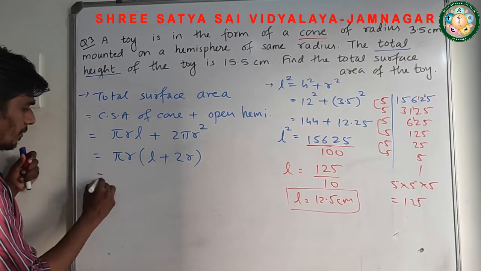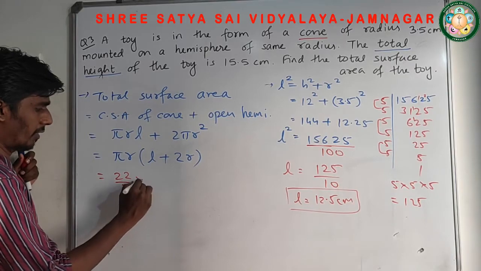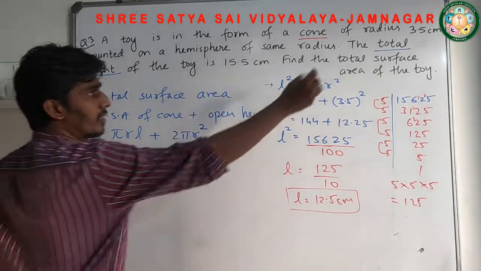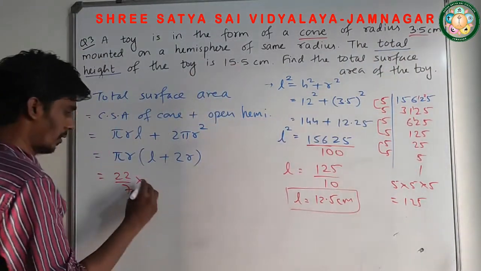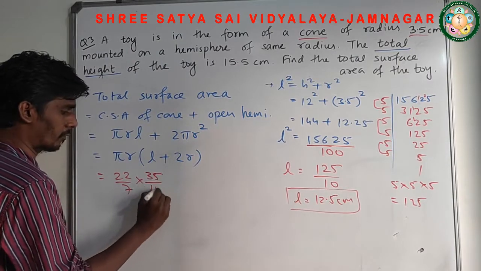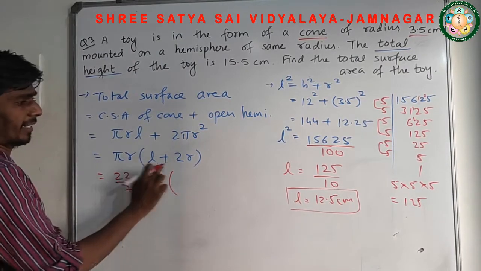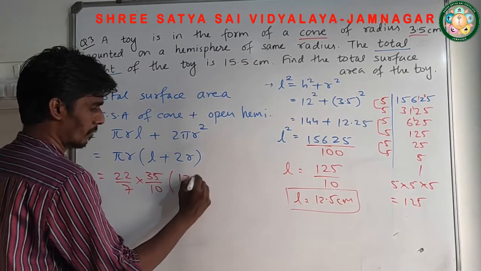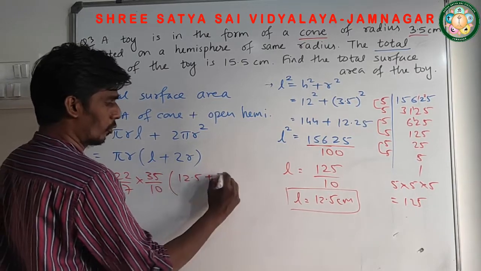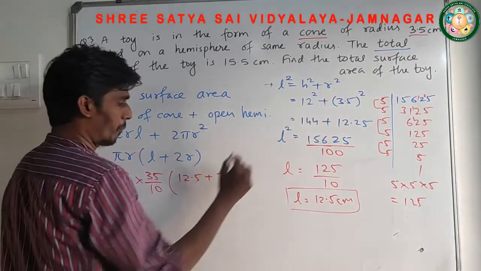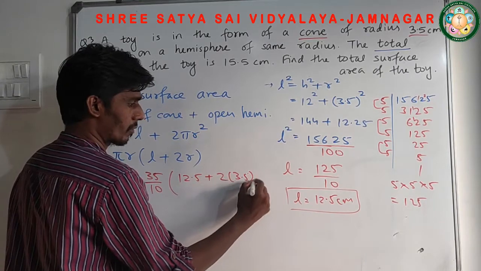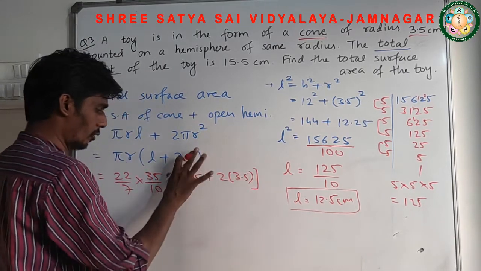So 22 by 7, radius is what? 3.5. So it will be 35 upon 10. Slant height, just now we got 12.5. Plus 2, radius is what? 3.5. Bracket close.